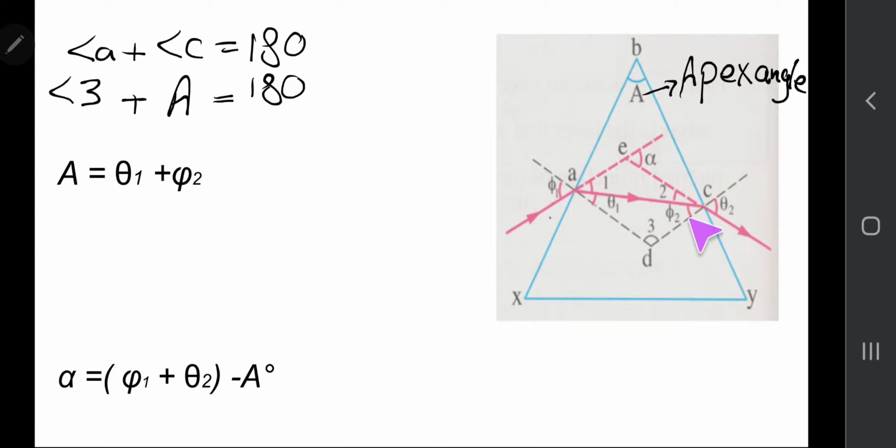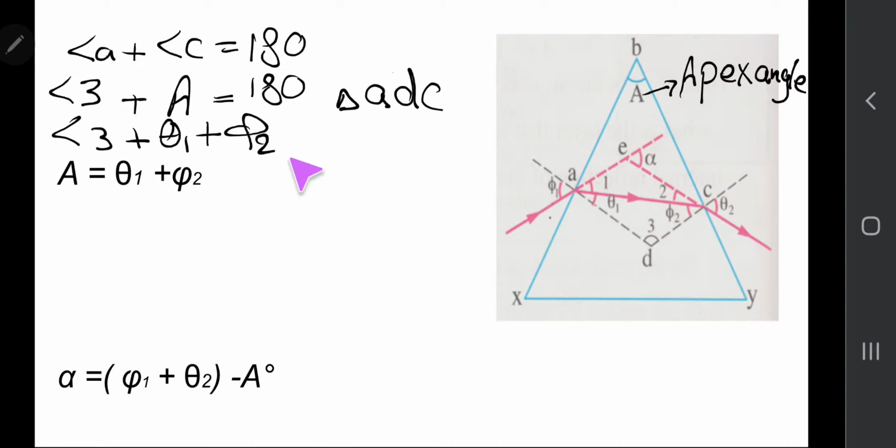From triangle ADC, the sum of angles of a triangle is 180. So angle 3 plus theta 1 plus phi 2 equals 180. The right hand side equals 180, so the left hand sides are equal: angle 3 plus apex equals angle 3 plus theta 1 plus phi 2.